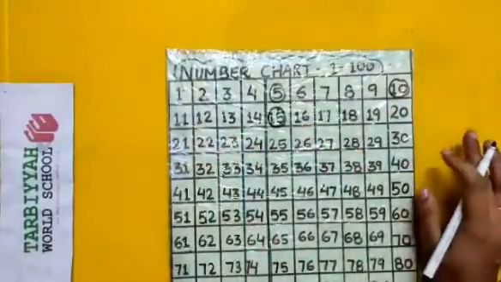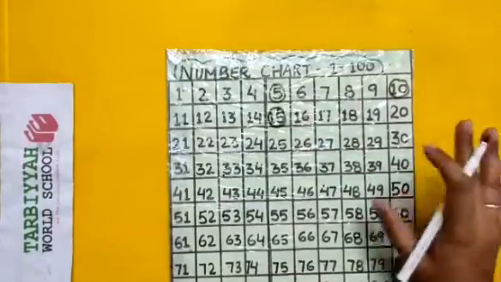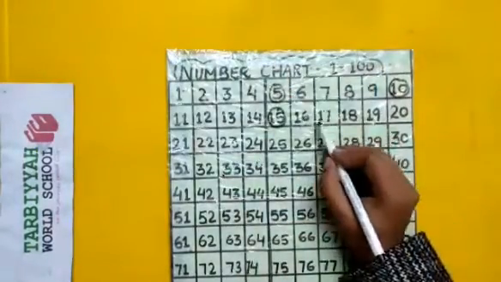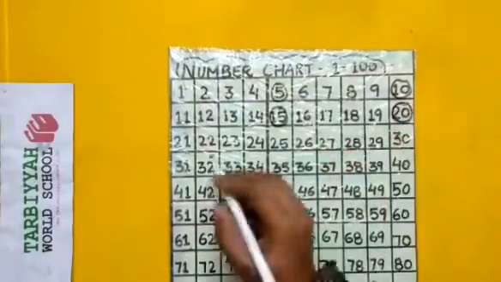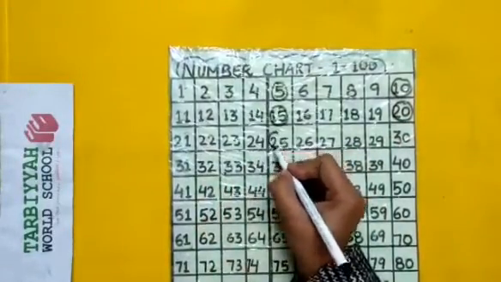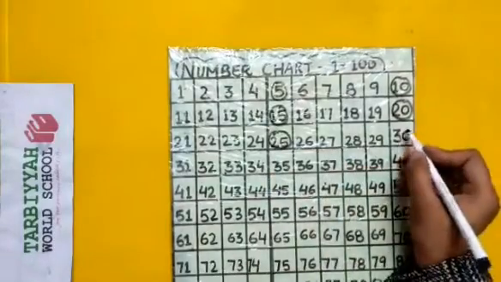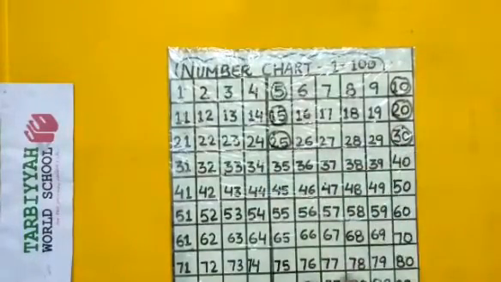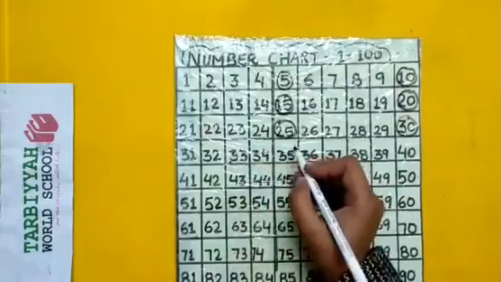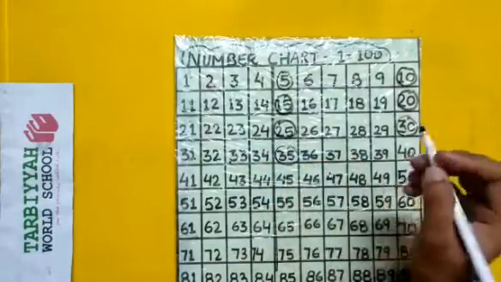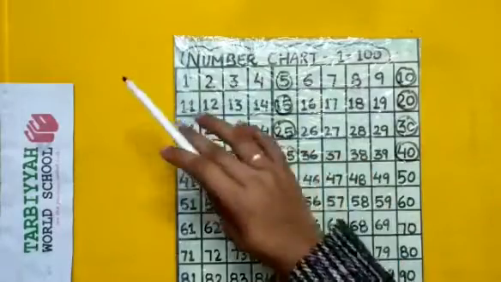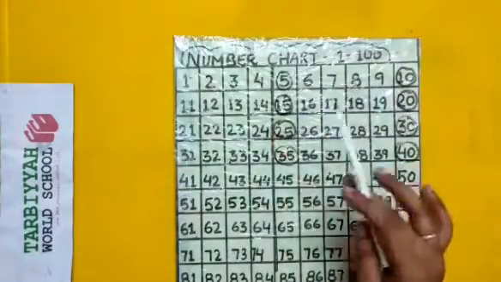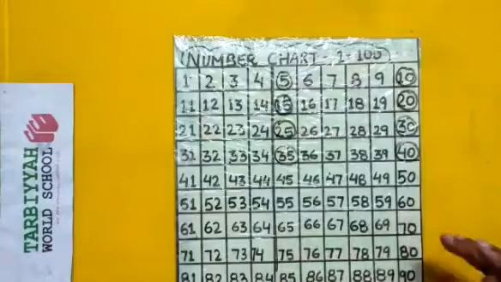In skip counting of 5, we are leaving 4 numbers. 1, 2, 3, 4, 5. Like this, students, we do skip counting of 5. So what will our answer be? 0, 5, 10, 15, 20, 25, 30, 35, 40.